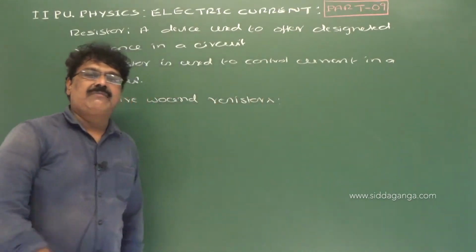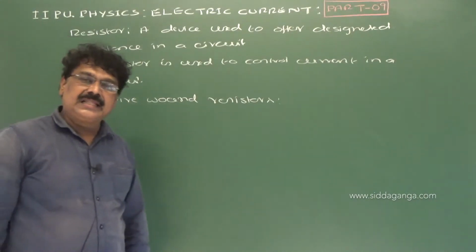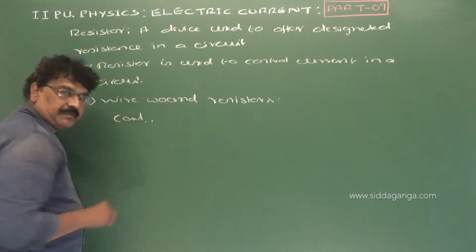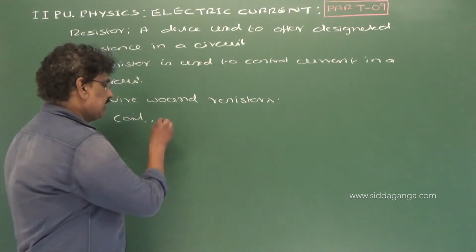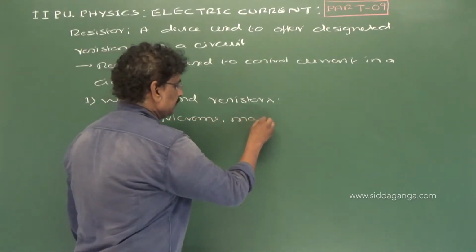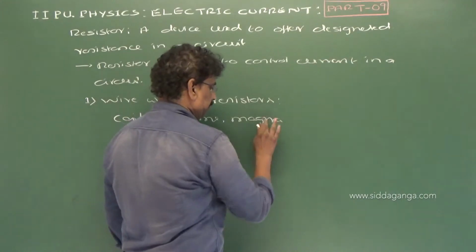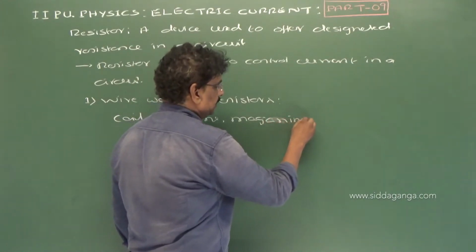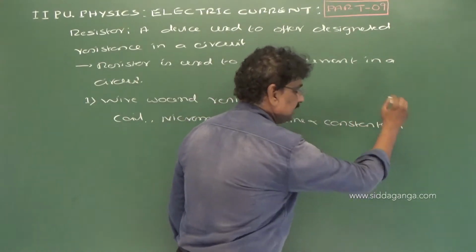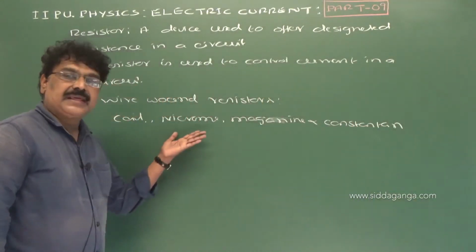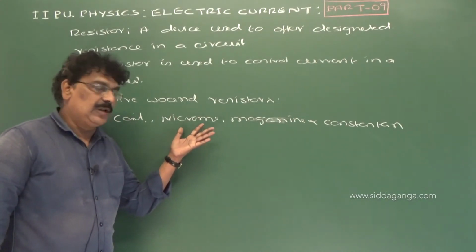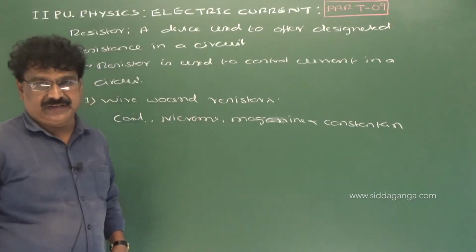Wire wound resistors are generally in the form of coils made up of certain alloys like nichrome, manganite, and constantan. Generally, they have a very high resistivity and, at the same time, a low temperature coefficient of resistance.